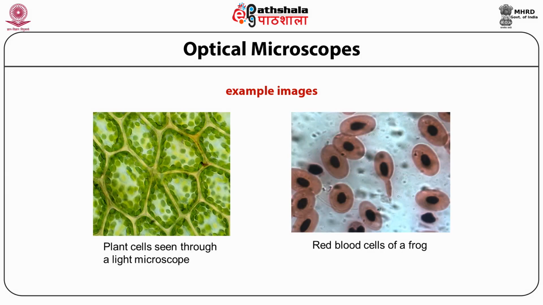In this particular case, these red blood cells were taken from a frog. They have an elliptical shape, whereas red blood cells taken from humans are mostly circular in shape. So optical microscopes, depending on their resolving power or resolution, are used to image objects which are difficult to see by naked eyes.